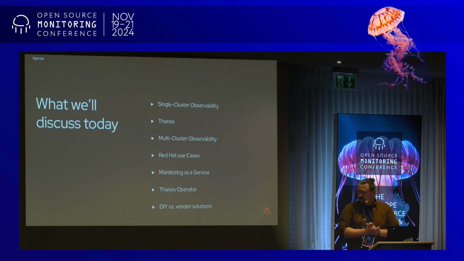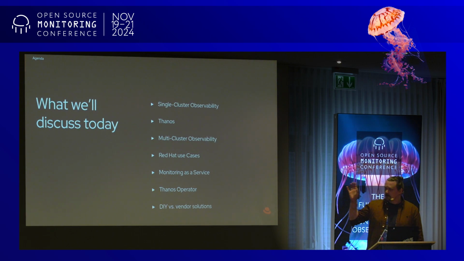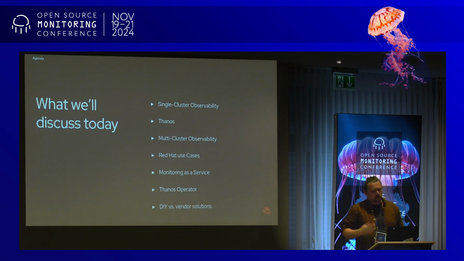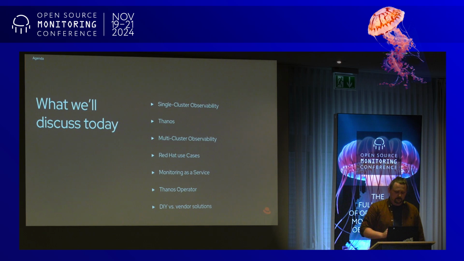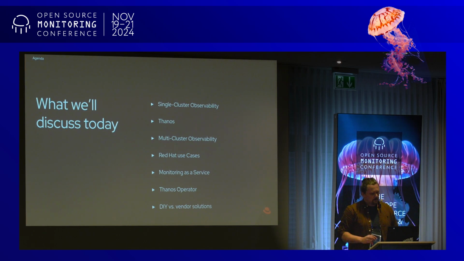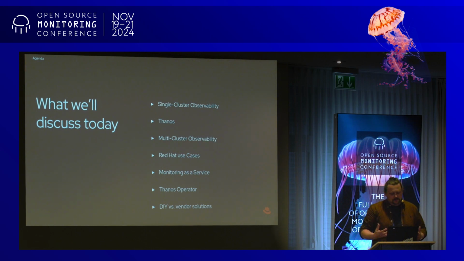So let's look at what I'm going to talk about today. First, I'll quickly look at the single cluster use case, because already there will be a few challenges if you run it in production, which we solve partly with a project called Thanos. So I'll introduce Thanos a bit for everyone who hasn't heard about it. From that, Thanos also plays a big role in our multi-cluster use cases.